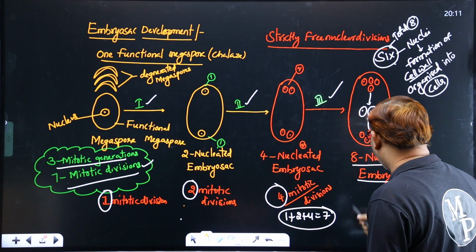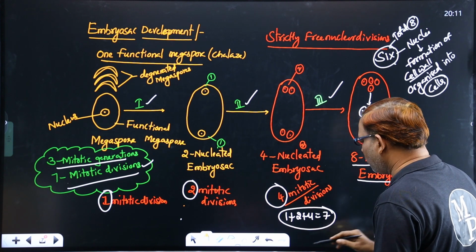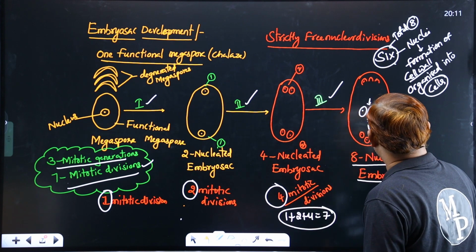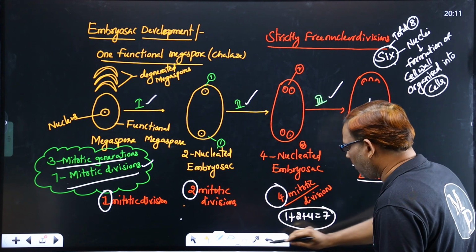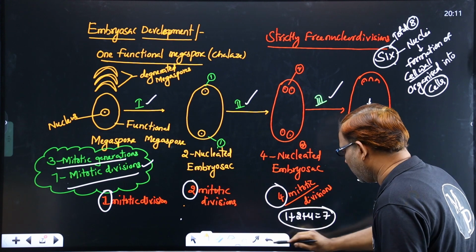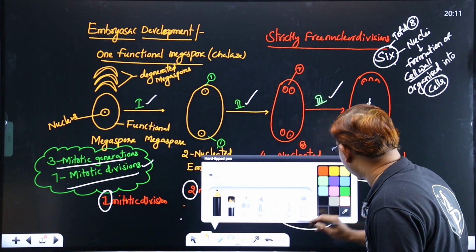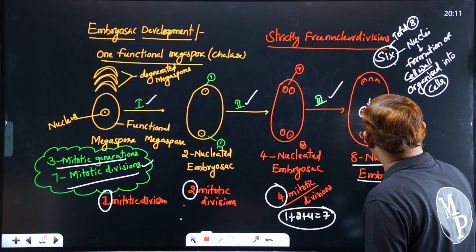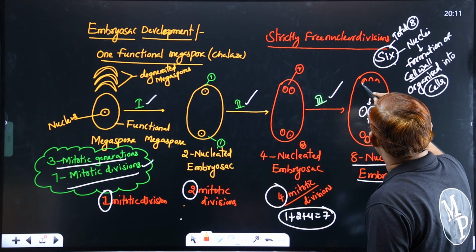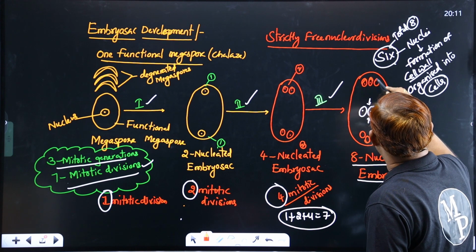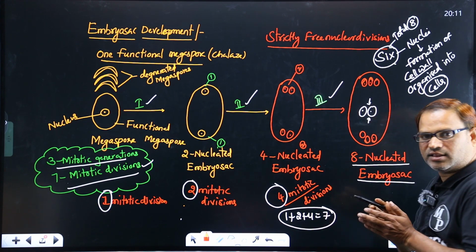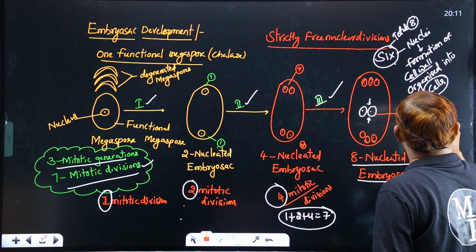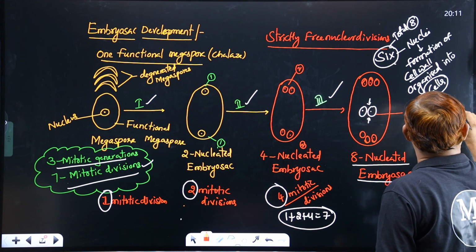So at each end only 3 nuclei are there, and in the center 2 nuclei, the polar nuclei.